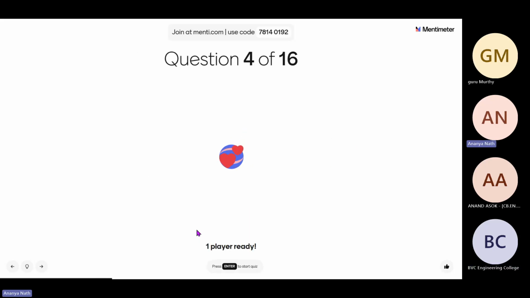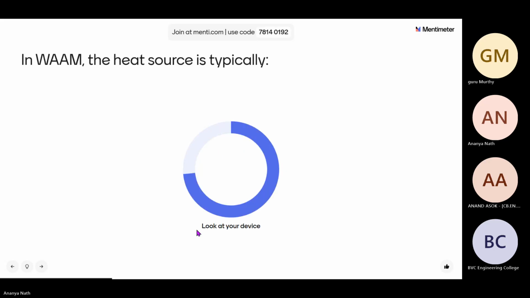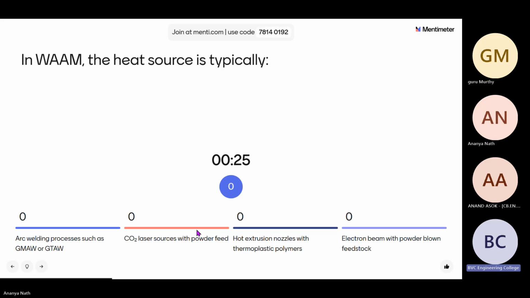Here comes our fourth question. PAM source system.